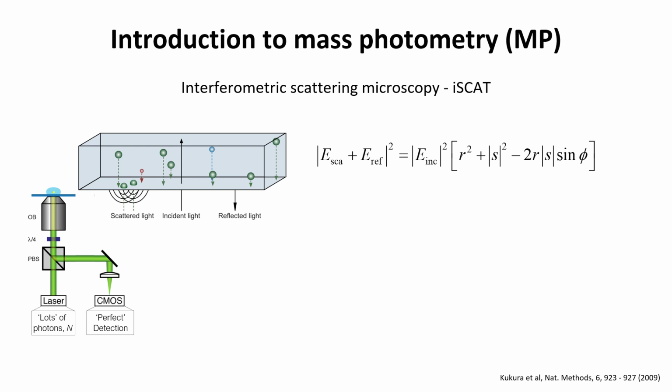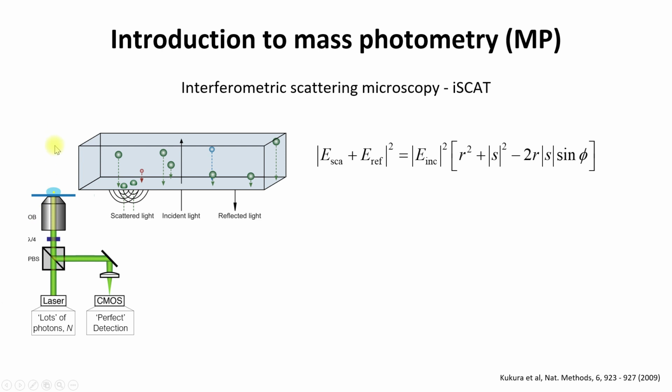So if you have a microscope and you shine light on the sample, most of the light goes through, some of the light is reflected, and some of the light is scattered from a scattering object in the sample. You collect all the light that comes back from the sample, and then you image it on the camera.